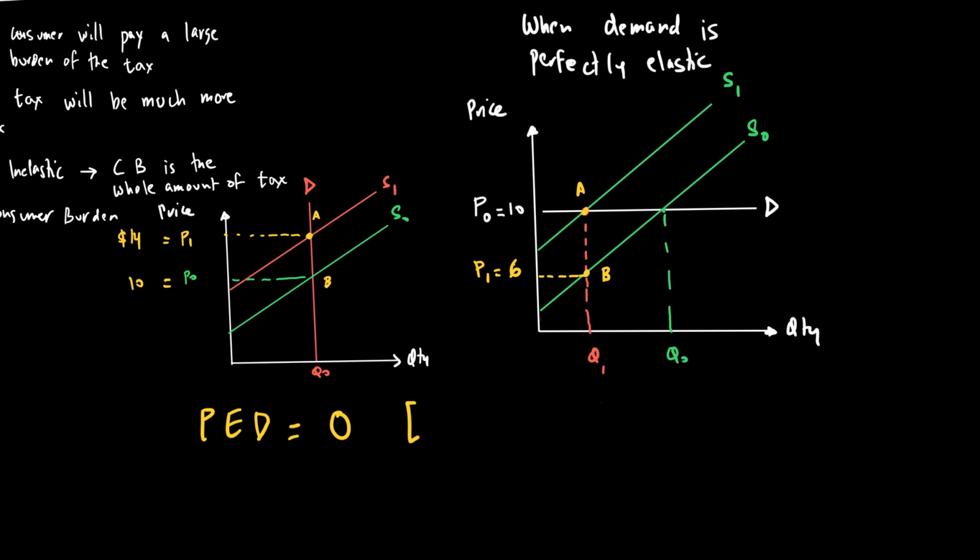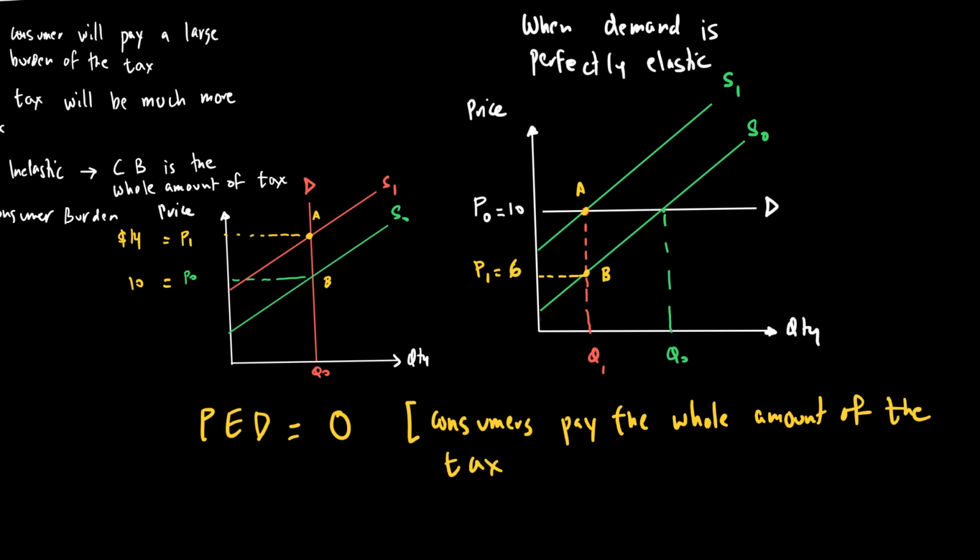Consumer pays the whole amount of the tax. And if PED is infinity, perfectly elastic, the producer will pay the tax.